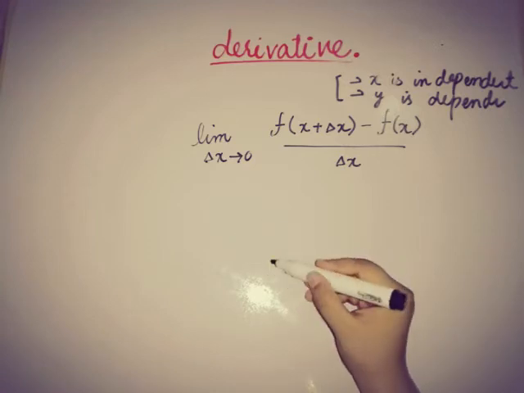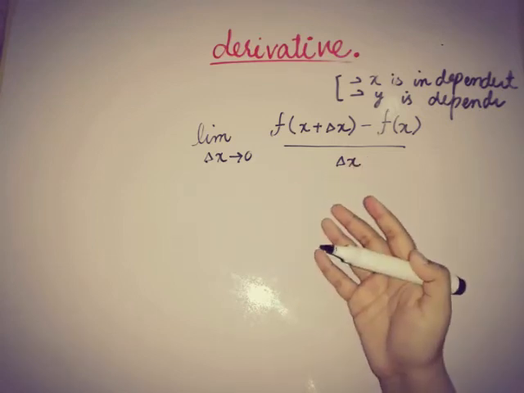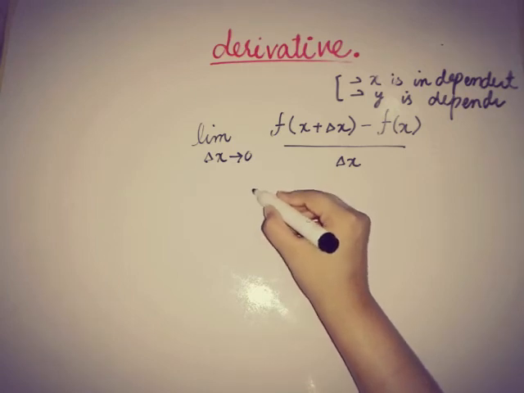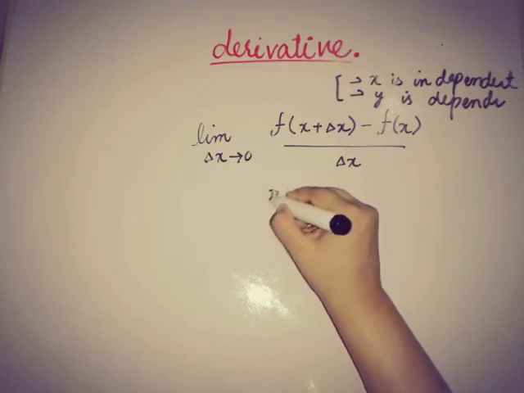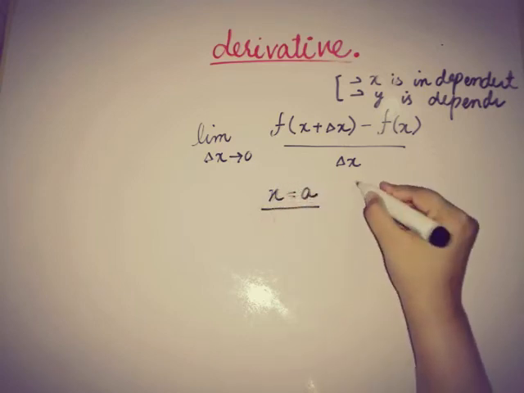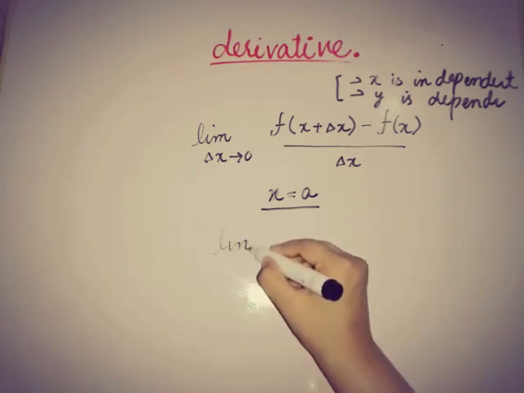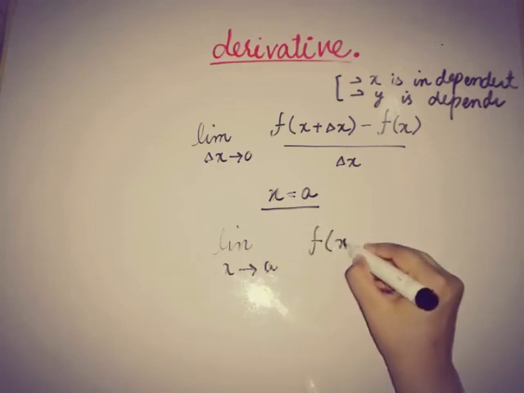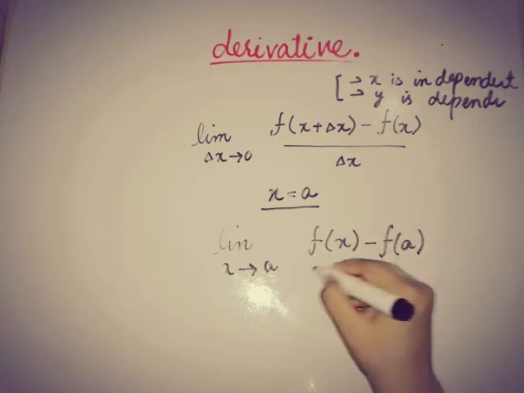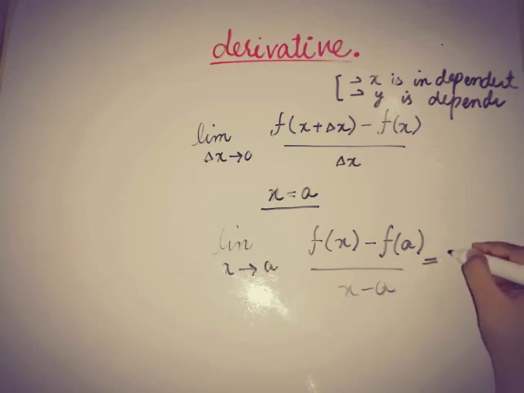So if we want to find the derivative at a specific point, we can say the derivative of a function f of x at x equal to a. So limit x approaches a, f of x minus f of a over x minus a, and we can write it as y prime at a.